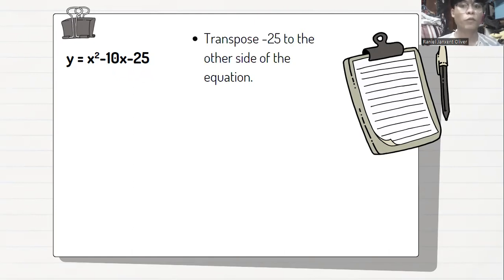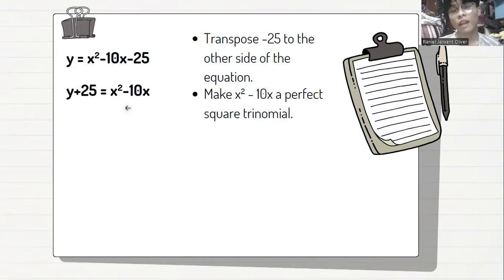Transposing negative 25 to the side of y would be y plus 25, since in transposing, we change signs. So we are left with y plus 25 equals x squared minus 10x. Our next step is to make x squared minus 10x a perfect square trinomial.